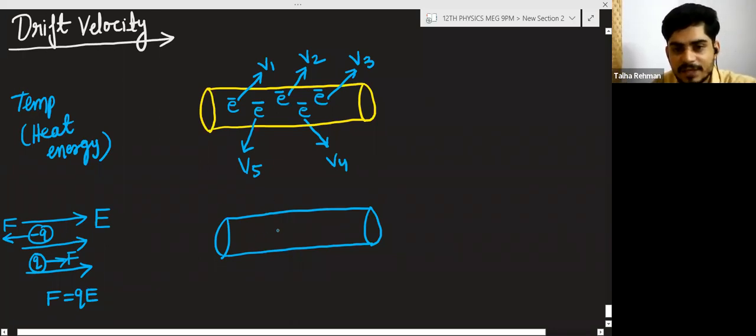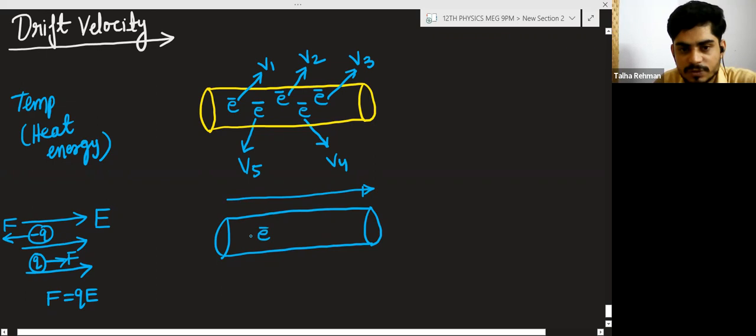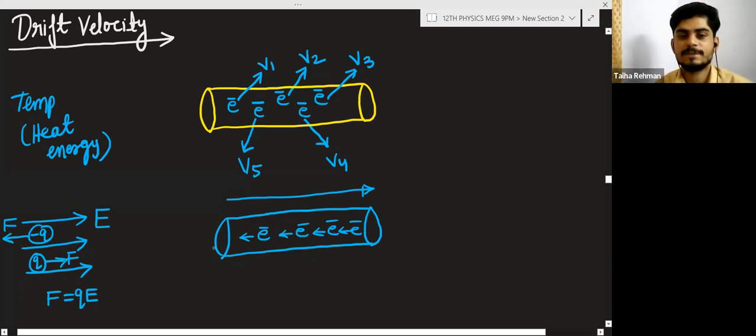So when you apply the electric field, suppose the electric field is in this direction, and due to this electric field, these electrons will experience a force in the opposite direction of the electric field, and they will move like this.